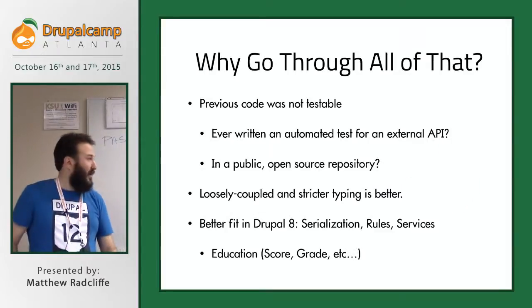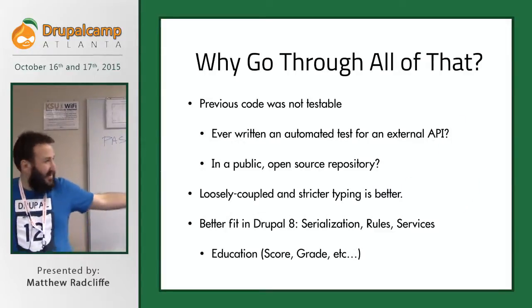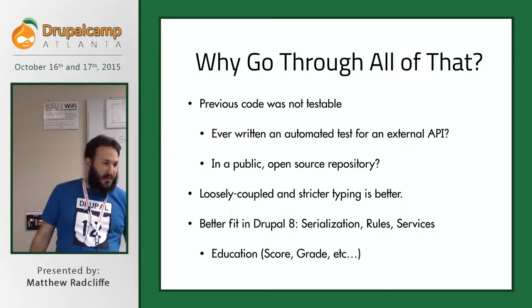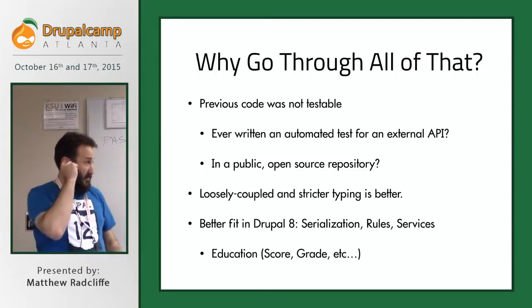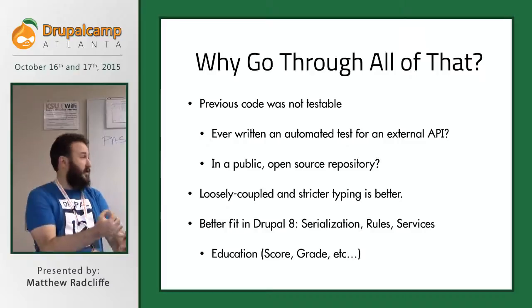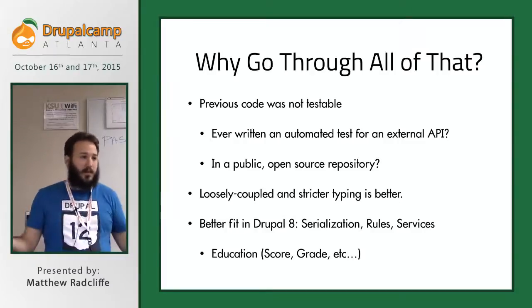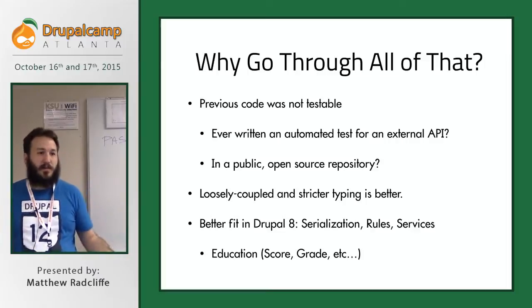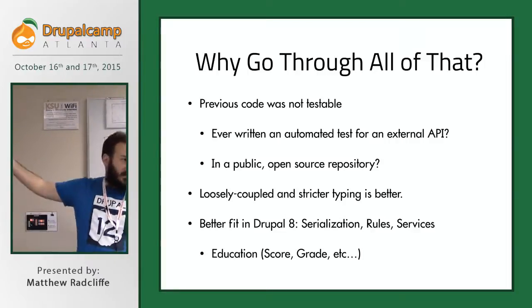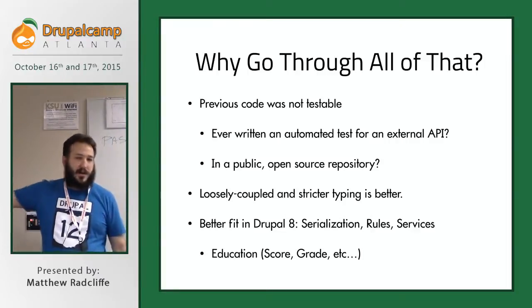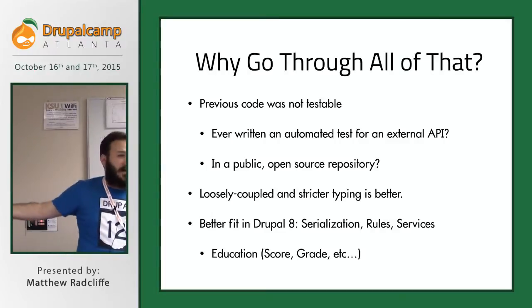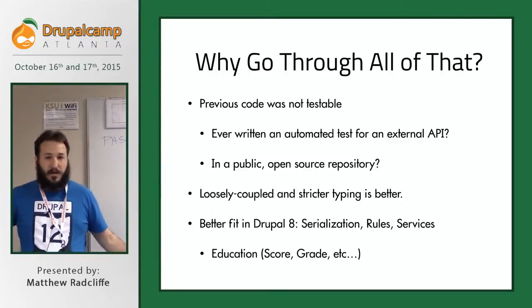Okay, why go through all of that, right? You're saying it's pretty low-level stuff, right? Well, my previous code was not testable. I had a third-party API, right? How can I test a third-party API on Travis, on an open source repository? How can I test that on Drupal.org's infrastructure? I can't, right?